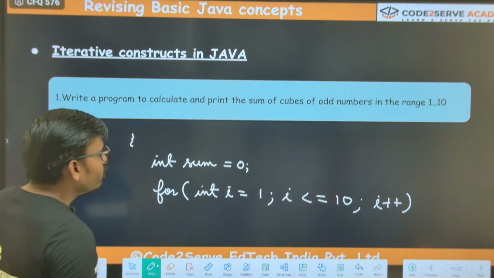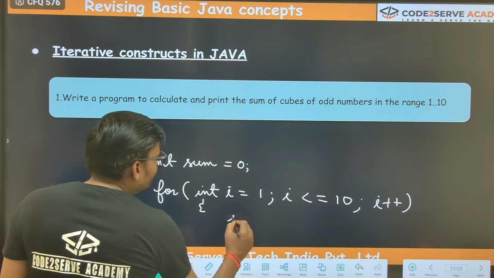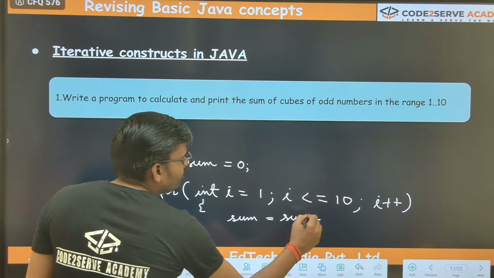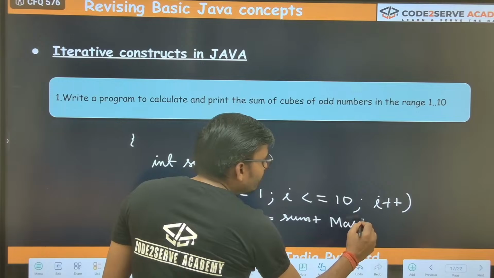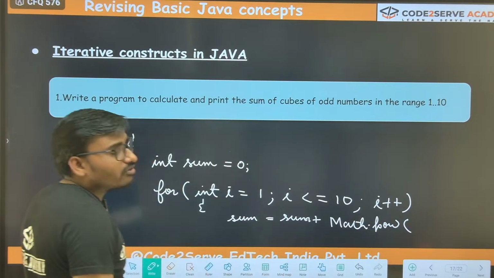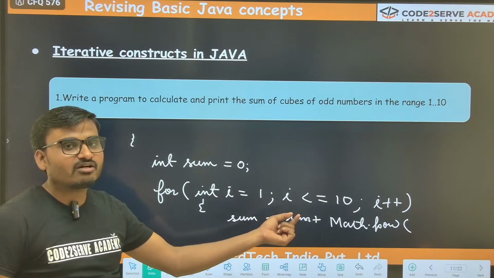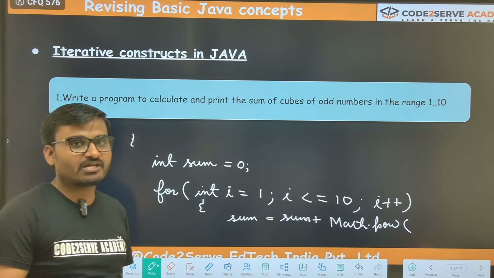After writing this, we will write sum equals sum plus Math.pow. We already learned what the pow function is doing. The pow function expects one number and then the power, the power you want to raise that number to.